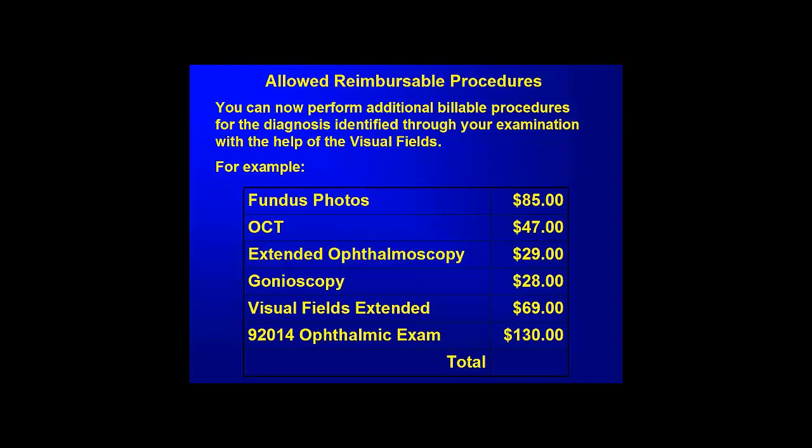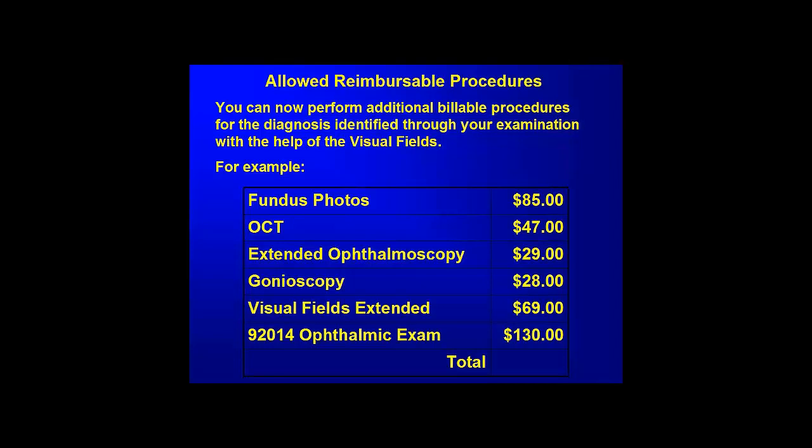So now we look at some of the things that I mentioned with the help of the visual fields. Now you've identified this patient, and in this example, I've taken some of the things from that glaucoma suspect patient. So fundus photography, or OCT. Remember, they're mutually exclusive. So unless I have two diagnosis codes that support it, I can only do fundus photo.